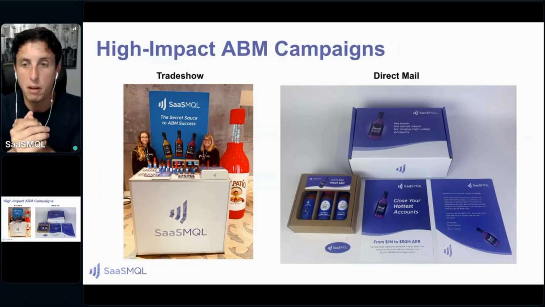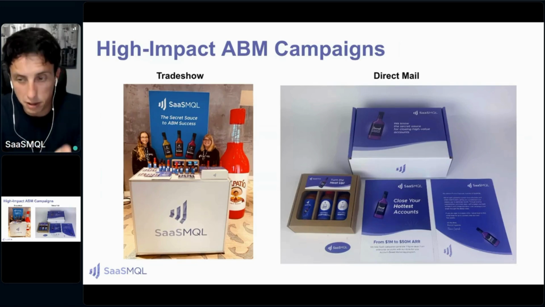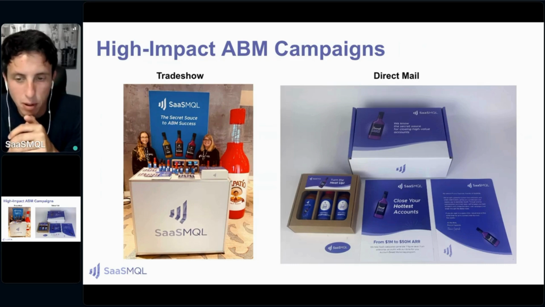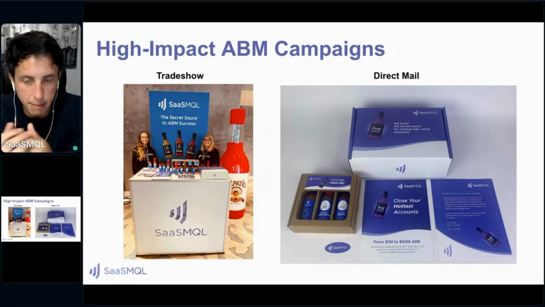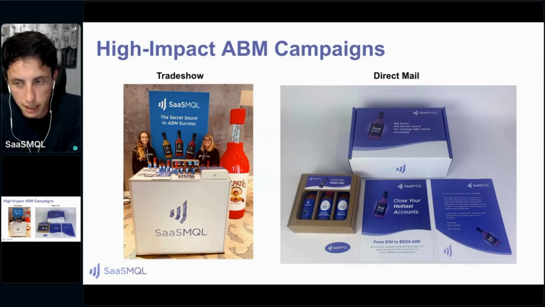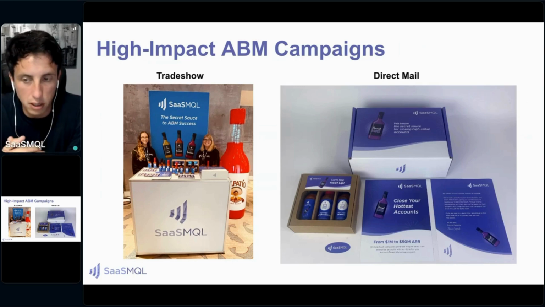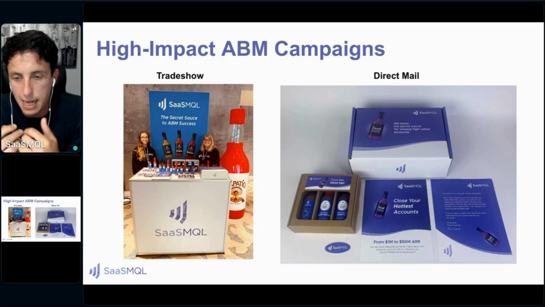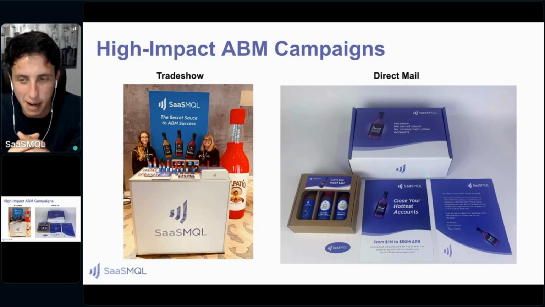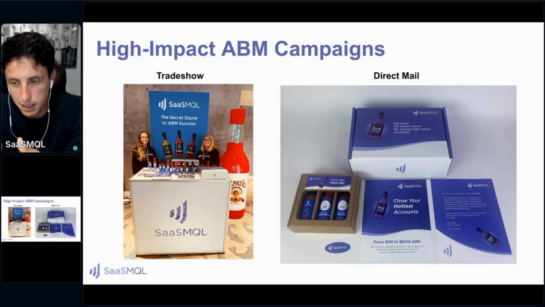So this is one example of a high impact ABM campaign, obviously our example. You can see we have this theme across all these campaigns, which is the secret sauce. What is our secret sauce for scale, for growth, for ABM success? Obviously, our secret sauce is creating these high impact ABM campaigns, and you can see it's consistent across channels.